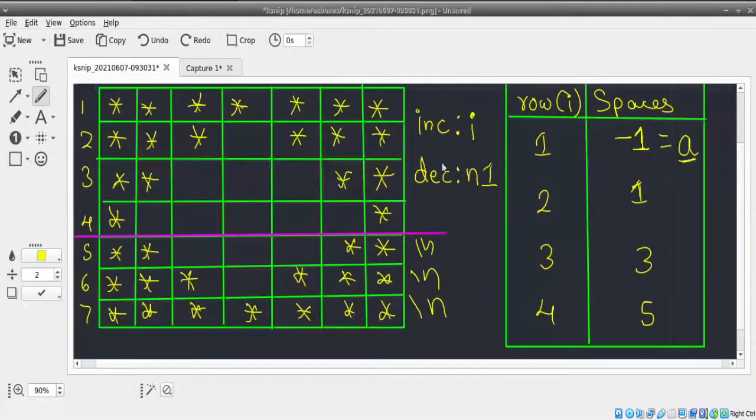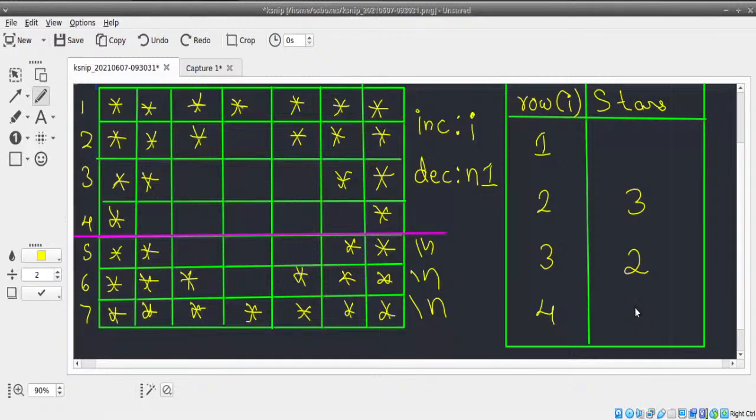Now, in the last part, if you observe, to print stars, how many stars am I supposed to print in the first line? Can you guys think and tell me? I'll only write the other lines. Second line I have 3 stars, third line I have 2 stars, fourth line I have 1 star.